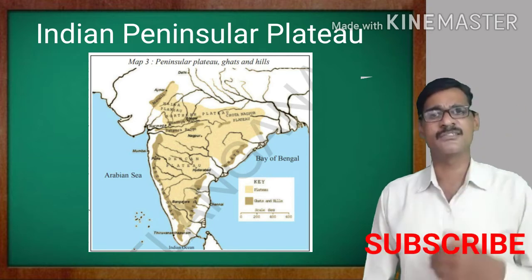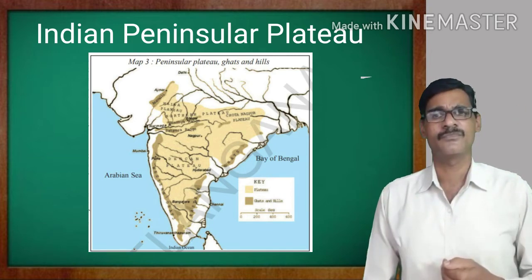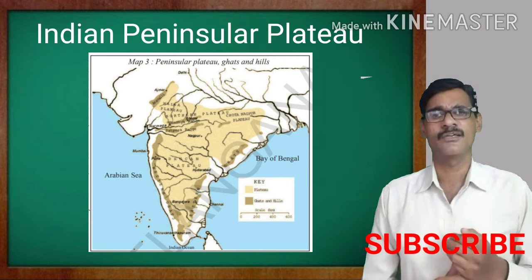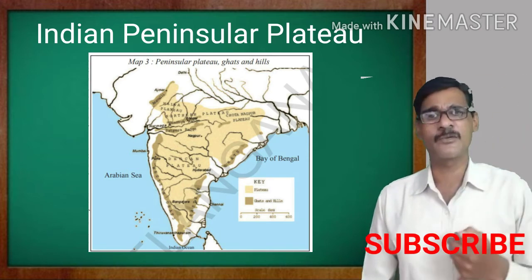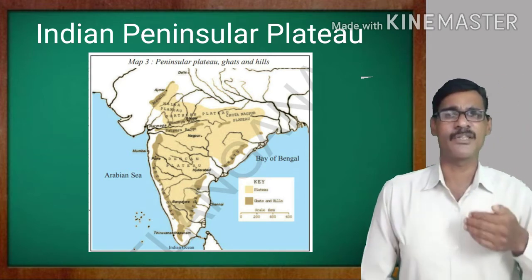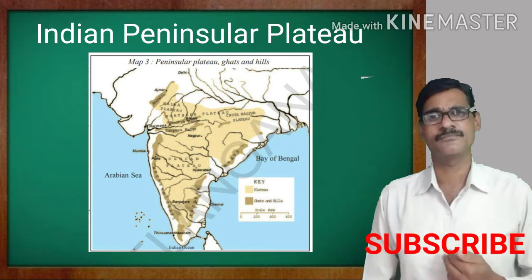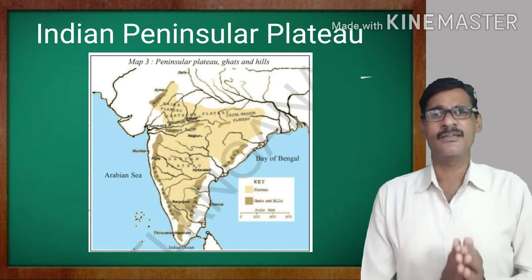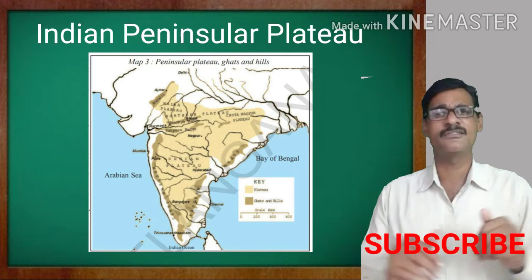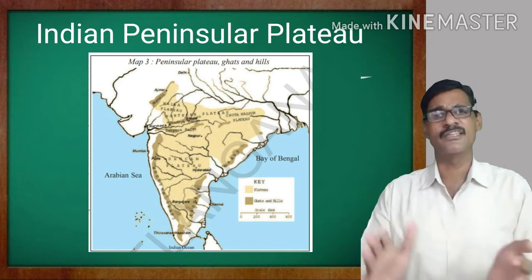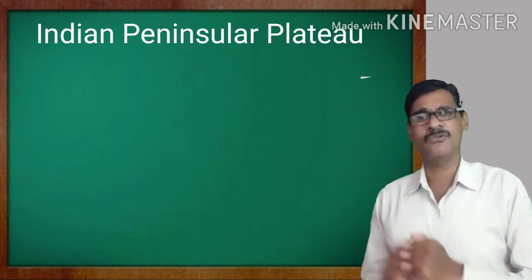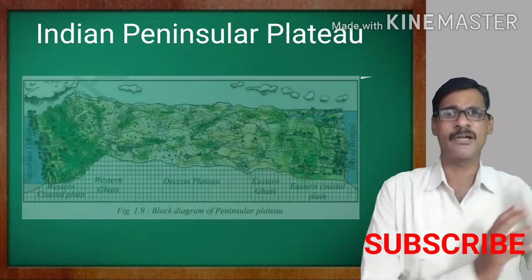Northern Highlands have the border in the north with the Indo-Gangetic Plains, in the south with the Narmada River. And again, in Northern Highlands, in the west we have the Malwa Plateau, in the east we have the Chota Nagpur Plateau.